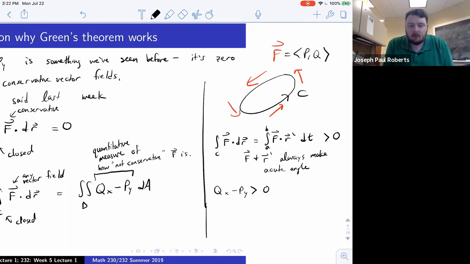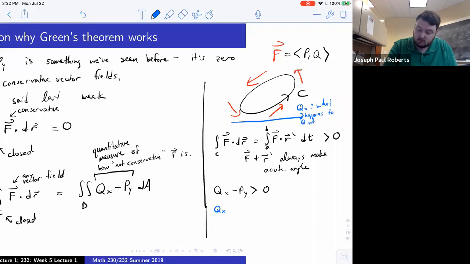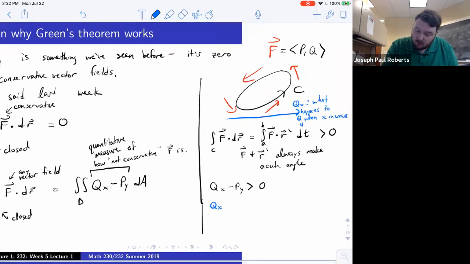Remember, our vector field component functions are P and Q. So Qx is basically asking, what happens to Q when x increases and y is held constant?